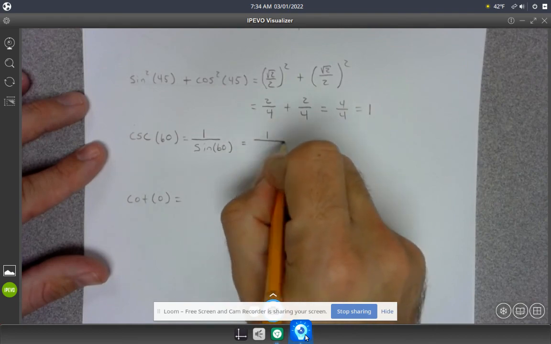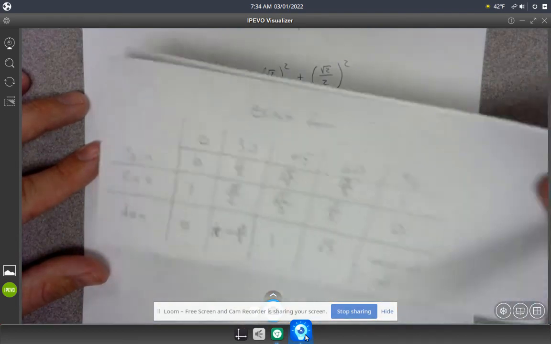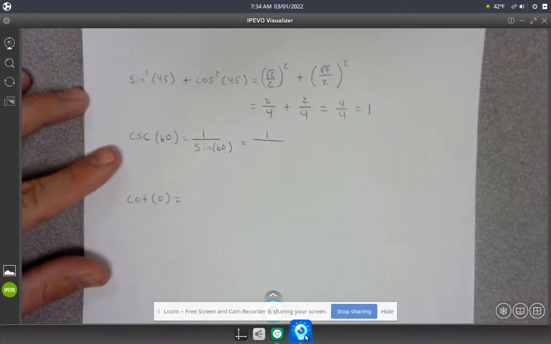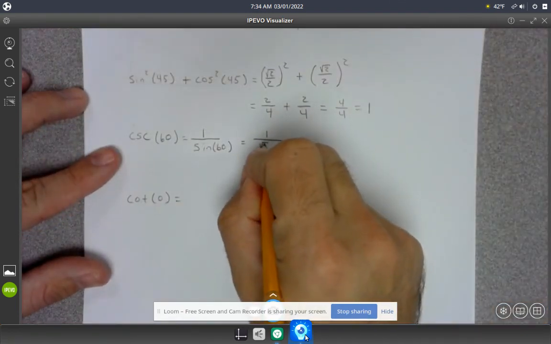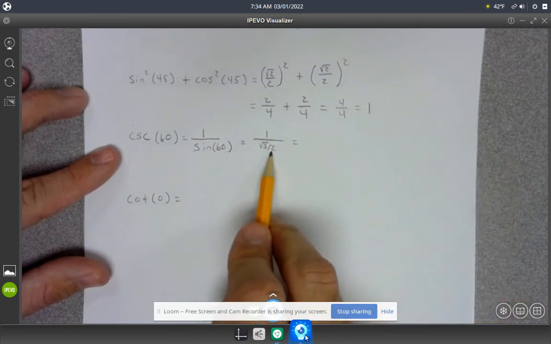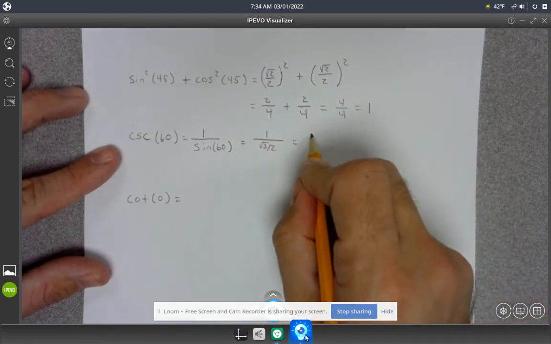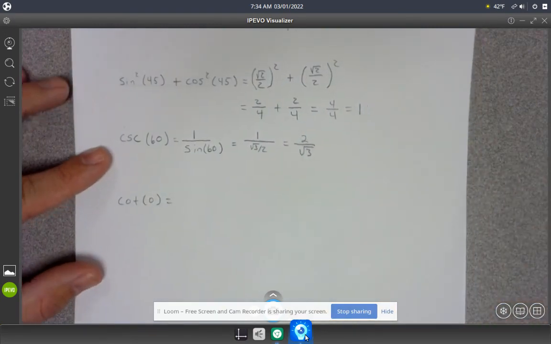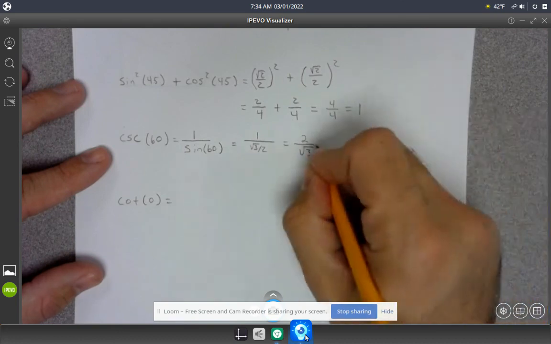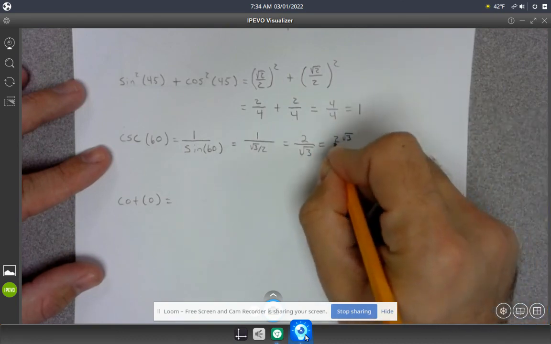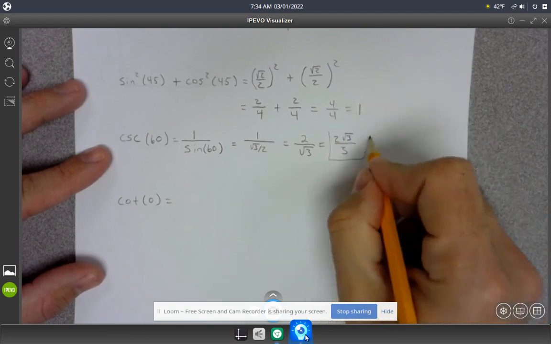So it's 1 over sine of 60, which was root 3 over 2. 1 over root 3 over 2 is just going to be the reciprocal of root 3 over 2. So it's 2 over root 3. That'd be our answer. If you rationalize the denominator, you're going to get 2 root 3 over 3.